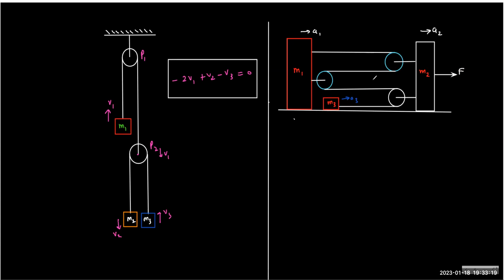The motion of M2 will affect how many segments? You can take velocity, but luckily the acceleration relation will also be the same here. So you may write acceleration also. So tell me guys, how will A2 affect how many segments? So 4.